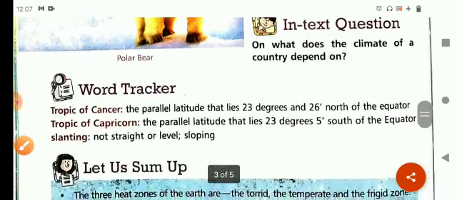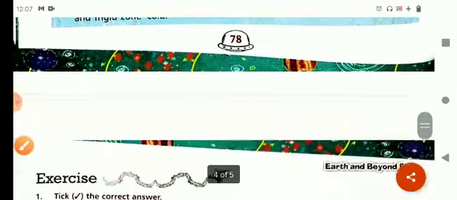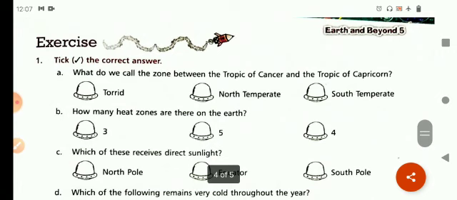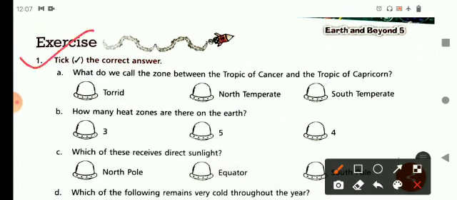Now, children, let's do some exercise based on the heat zones of the earth. The first one is multiple choice questions. The first one is, what do we call the zone that is between the Tropic of Cancer and the Tropic of Capricorn? And your right answer is torrid. Second one, how many heat zones are there on the earth?